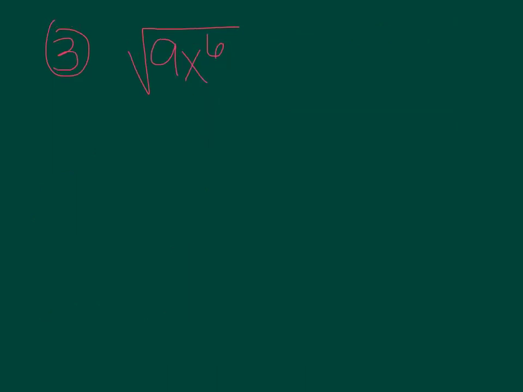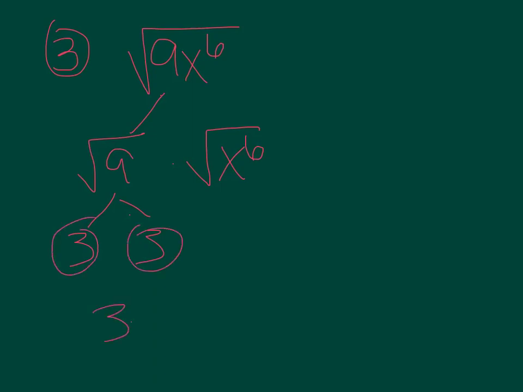All right, let's look at variables. We're going to break this up into the square root of 9 times the square root of x to the 6th. So we break up the variables and the numbers. 9 gets broken down into 3 times 3. Now variables are a lot different. They're actually easier. For every pair you have, you bring one out. So for 9, I have a pair of 3s, so I bring one 3 out.